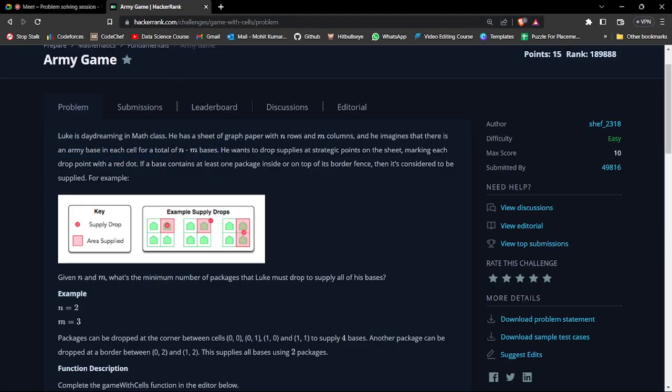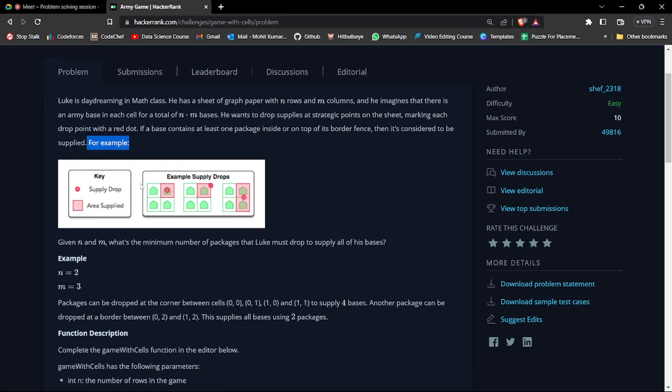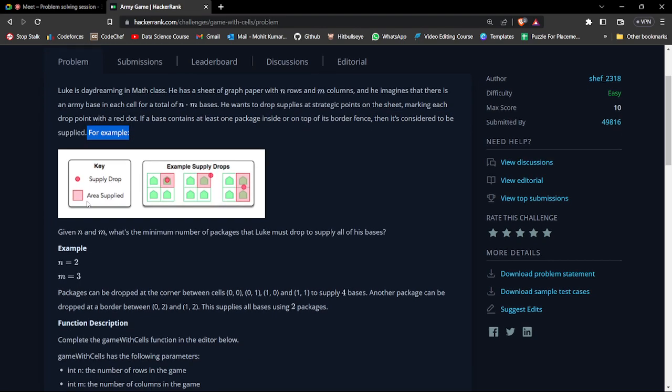He wants to drop supplies at strategic points on the sheet, marking each drop point with a red dot. If a base contains at least one package inside or on top of its border fence, then it's considered to be supplied. The key is supply drop and area supplied. So examples of supply drops are like these ways.